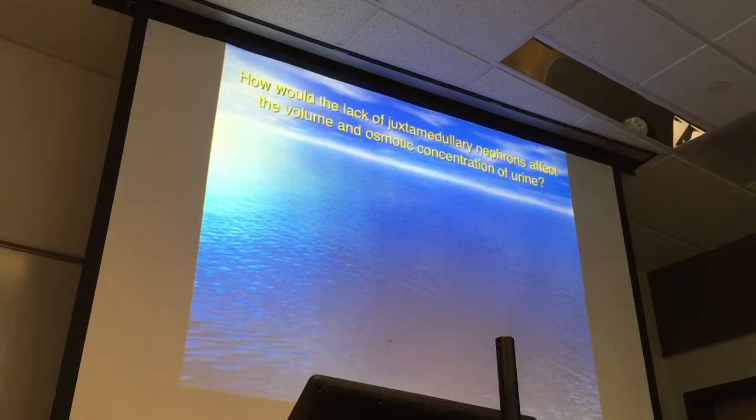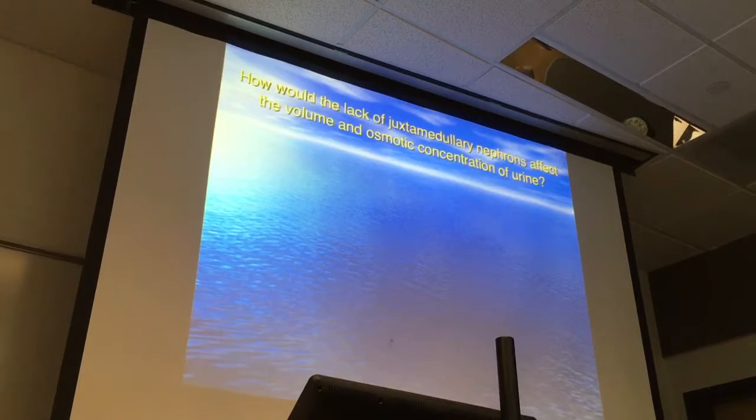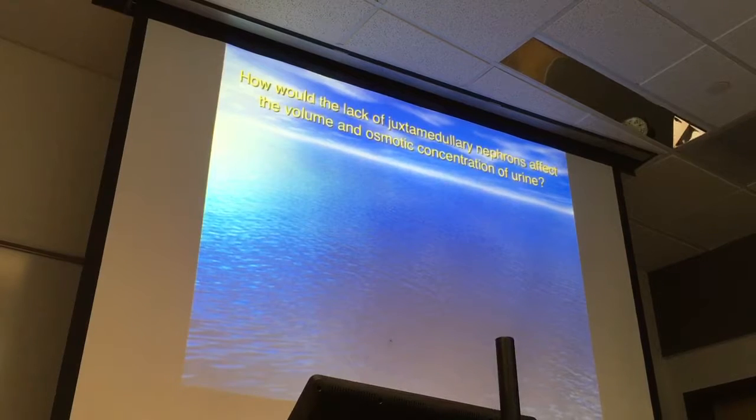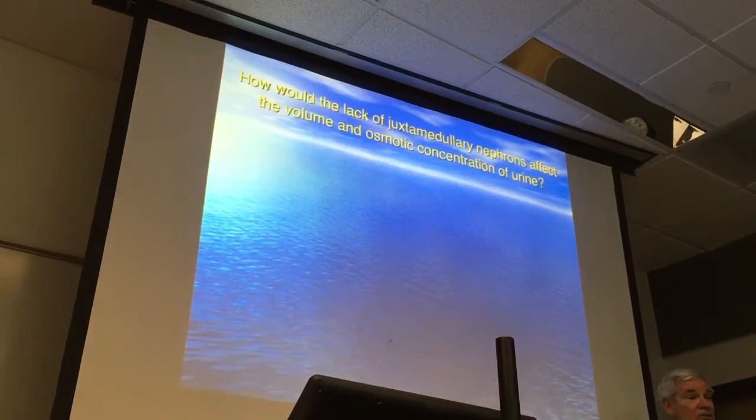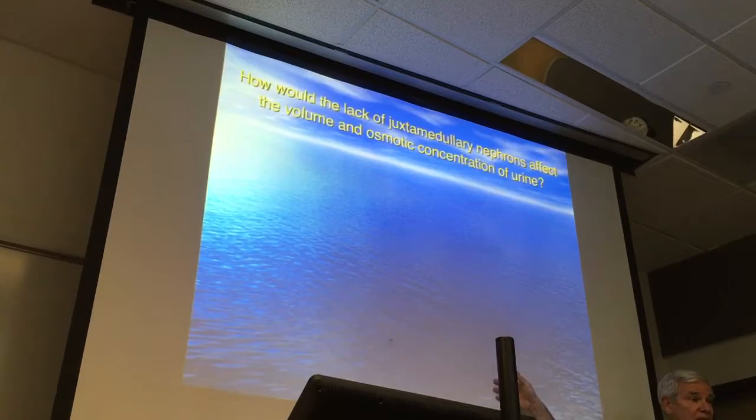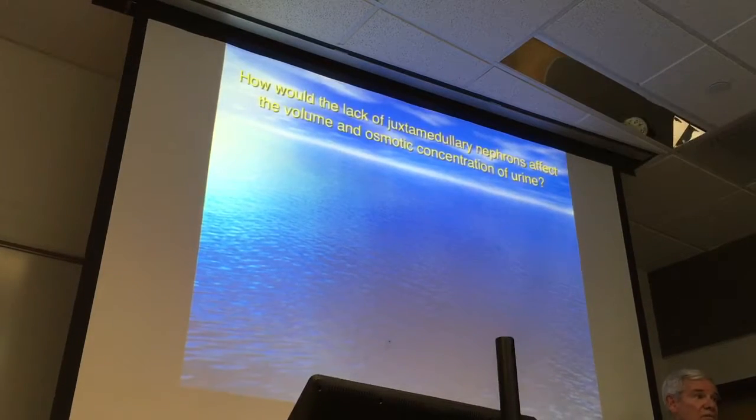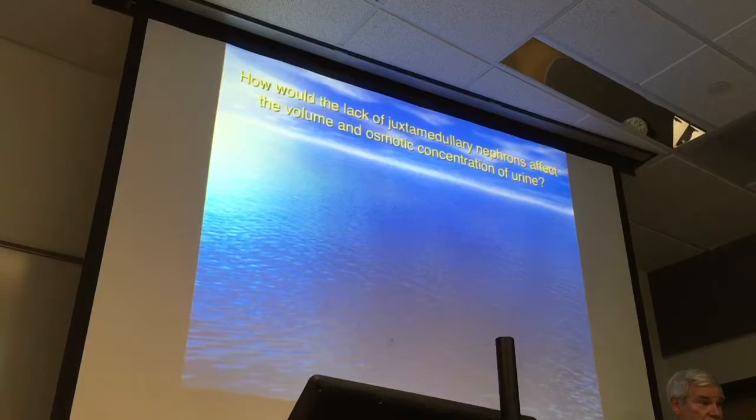Next question. How would the lack of juxtamedullary nephrons affect the volume and osmotic concentration in the urine? If you didn't have enough of these nephrons, just a bunch of cortical ones, what could you not do? You could not conserve as much water when you need to, because you can't build a big enough concentration gradient to pull water in and conserve it when blood pressure is low.